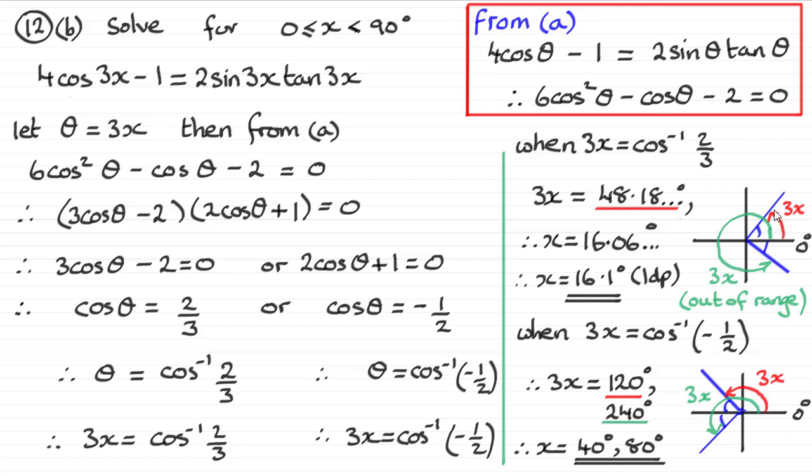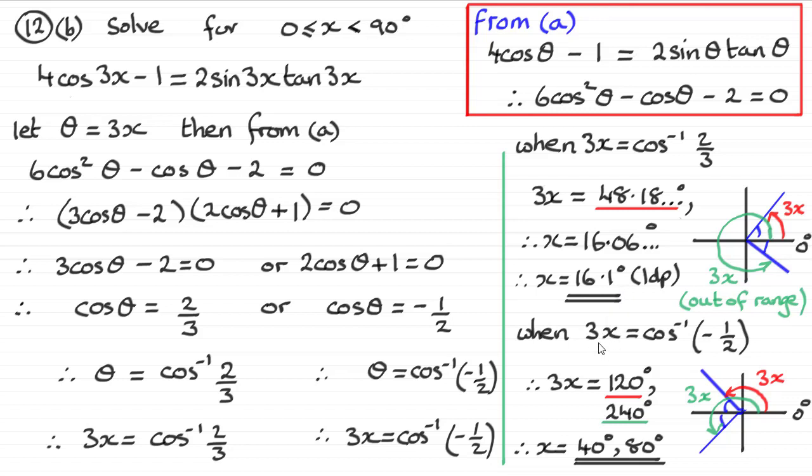So all I need to do is just consider this one here, and if I now divide through by 3, you can see x is 16.06 and so on, which when rounded to 1 decimal place, as we were asked, is 16.1 degrees.